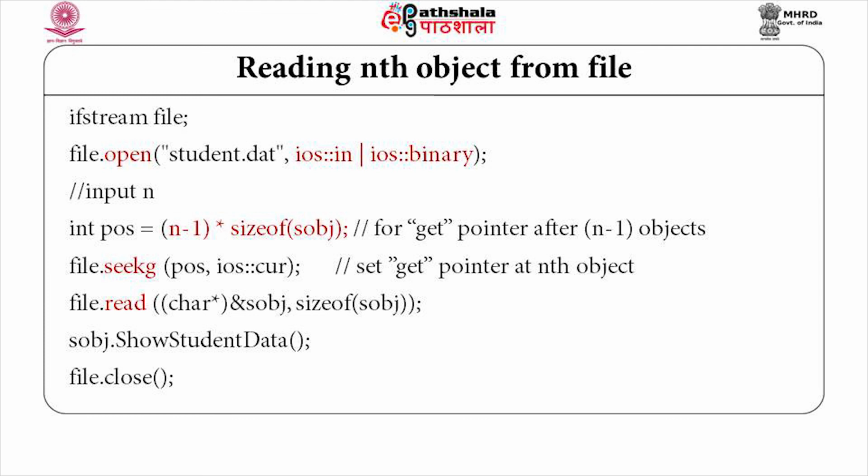So, we are not reading sequentially from the first object, we are going directly to the 11th object in this case, and after that we can simply read and work with the file. Here it is just showing the data. So, this way we can read and write at any position.